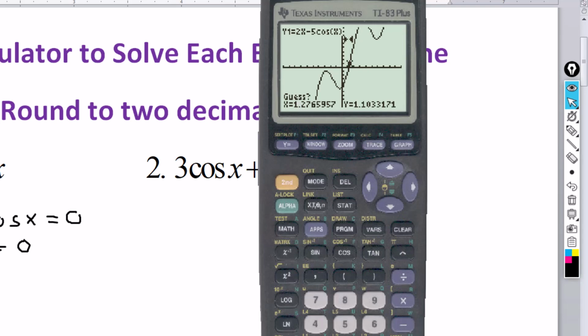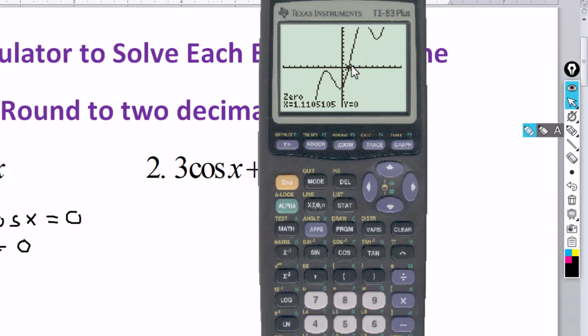You can just ignore that and hit enter. And notice it tells you a zero is x equal to 1.11 to two decimal places. And notice over here the y equals 0. So it tells you that represents the x-intercept, where x is 1.11 and y is 0.